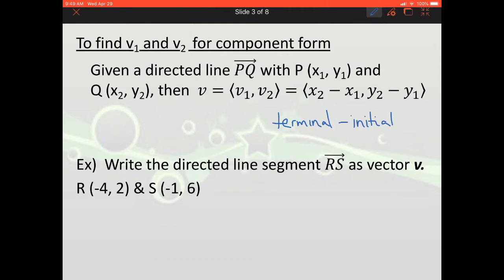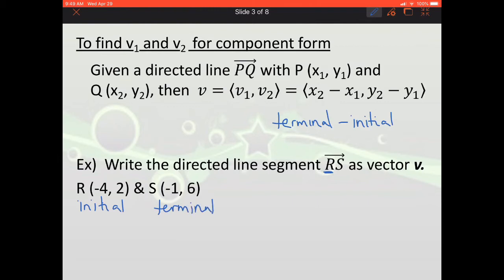So let's try one. I have a directed line segment RS, and I'm going to write it as vector v. I could have picked another letter, but I used v. Point R, the initial point, and I know it's the initial point because R is written first, is (-4, 2), and the terminal point S is at (-1, 6).